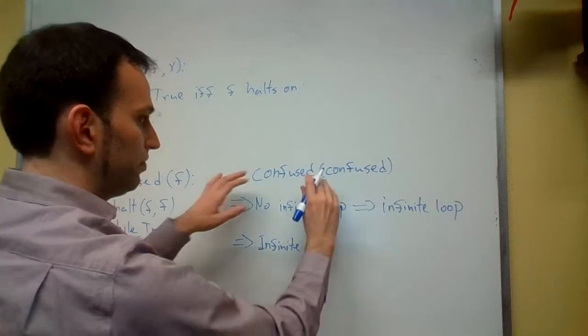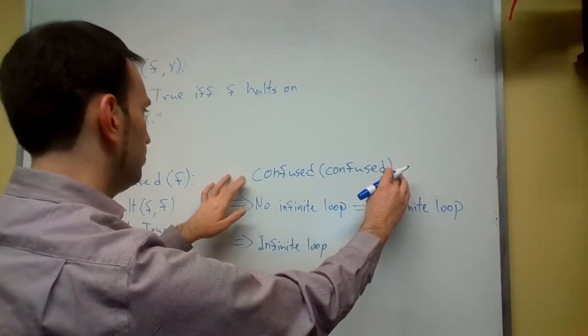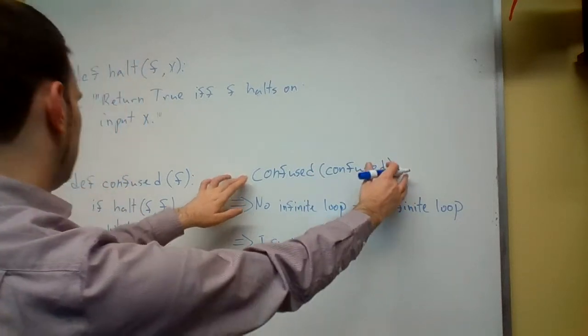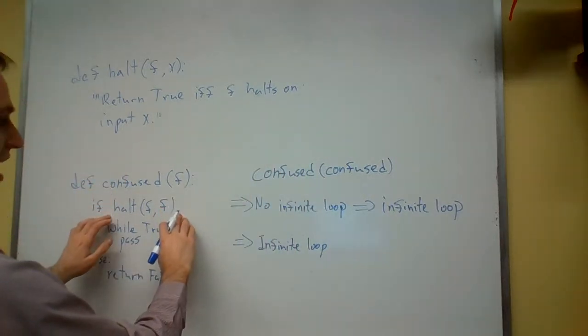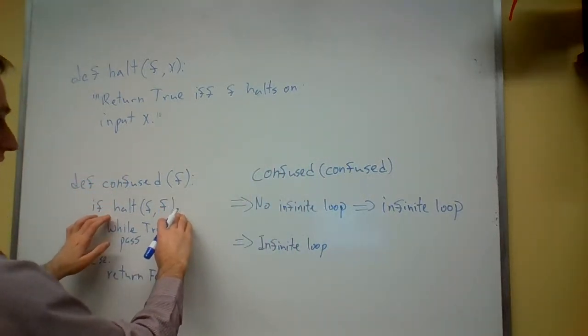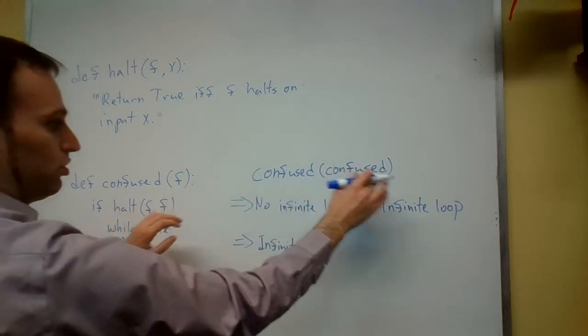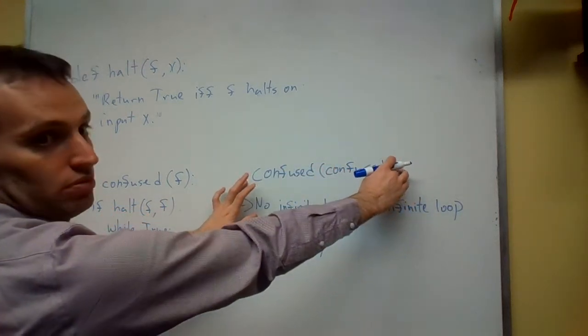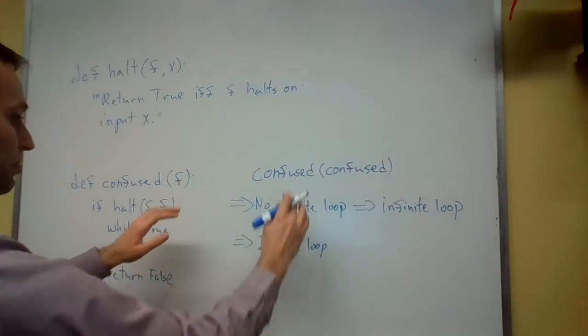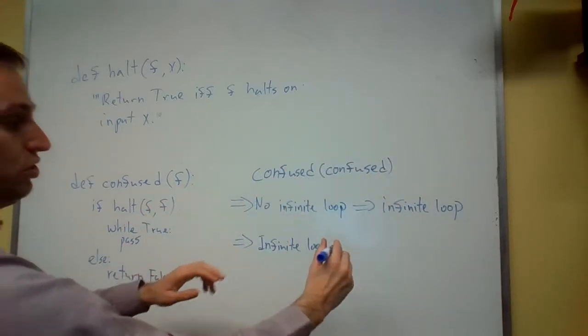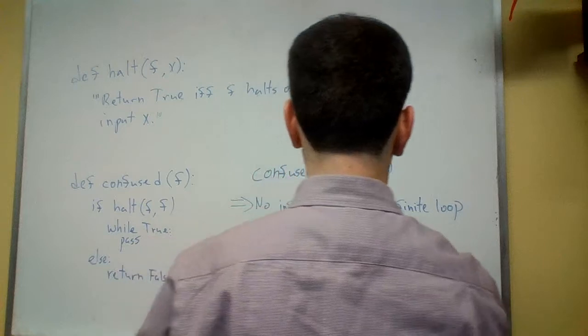What about if it does produce an infinite loop? Well, if this does produce an infinite loop, that means that halt f f is actually false, so you jump here, because f is equal to confused when you call confused of confused. So that means if it produces an infinite loop, you can deduce that there is no infinite loop.